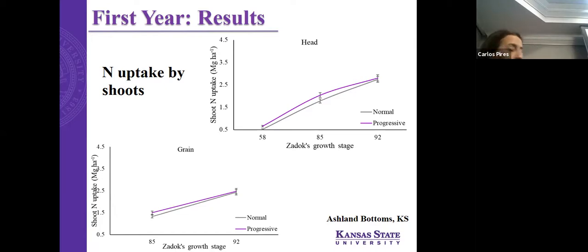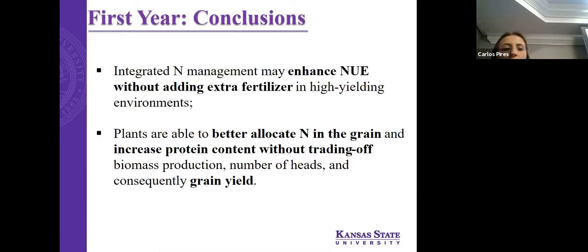And it's interesting to see that for the grain, by the end of the harvest index, which is the Zadoks 92, we can see they kind of balance out, but because we had more nitrogen being absorbed the entire time, that's actually what ended up translating into more protein and yield for our results.